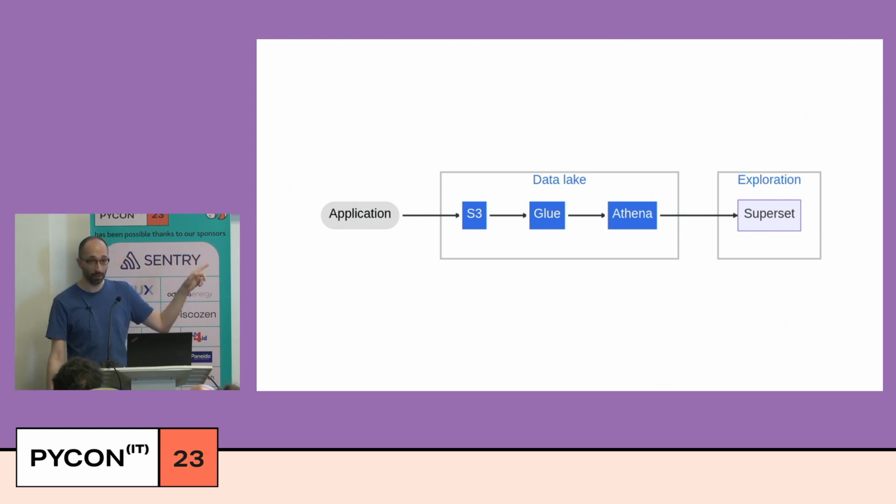At the end of the data lake, we have Athena, which is an AWS service that lets us query the data we have in Glue in SQL. For newbies like me, a data lake is simply the place where you store and process your data. At the end of the pipeline, we have Apache Superset, which again is our visualization and exploration platform.